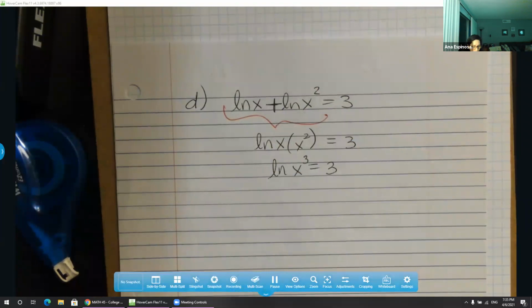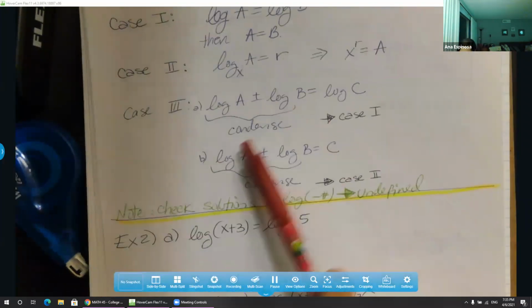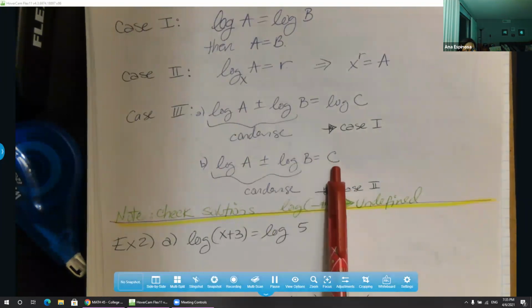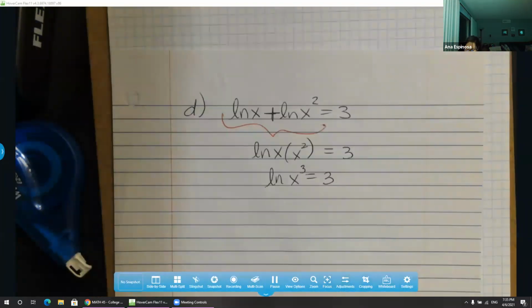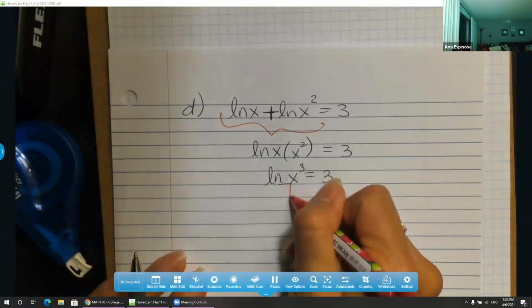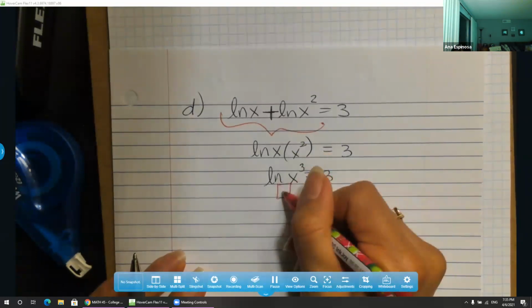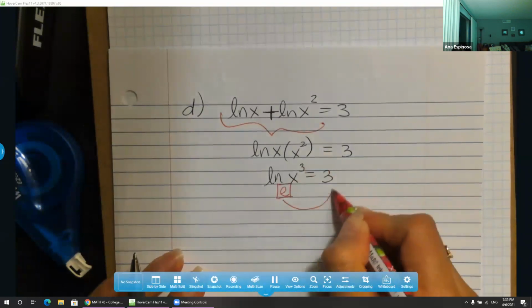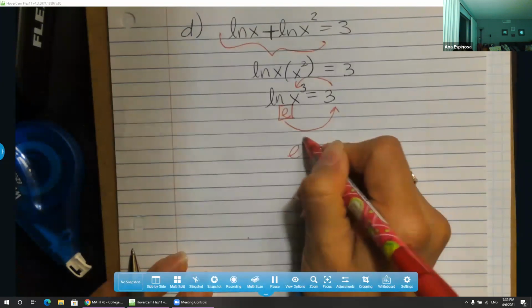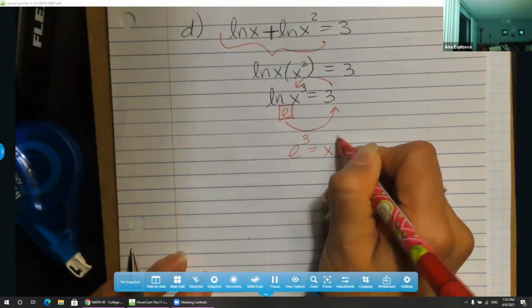The next step is to figure out where it belongs. I have condensed. I do not have a log on the other side. Log or ln are the same thing. I do not have anything, so it means I have to do the circle. I do not see a base. LNs have a base of E. So I do the circle. That means it is E to the 3 equals x cubed.